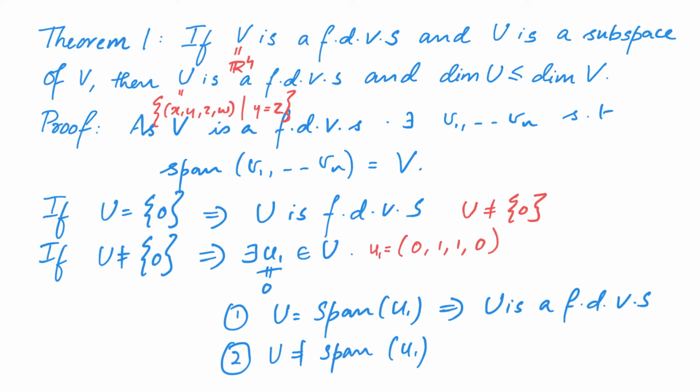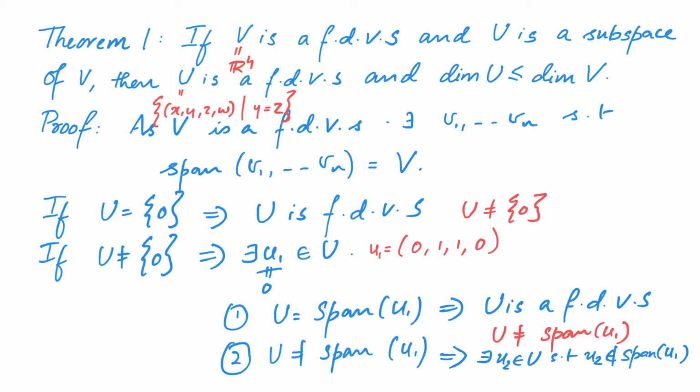Now, let us once again check whether U is equal to span of u1. Notice that in this particular example, U is not equal to span of u1. So now we can discuss what we will do in the case where U is not equal to span of u1. If U is not equal to span of u1, then there exists some u2 in U such that u2 does not belong to span of u1.